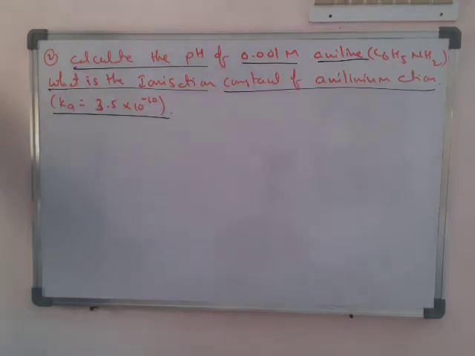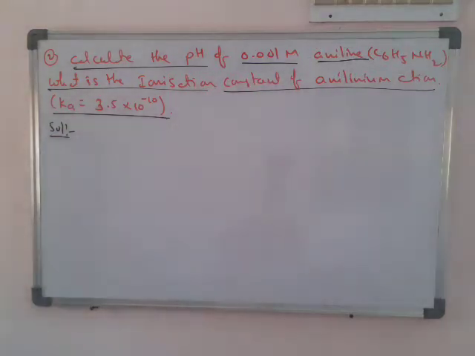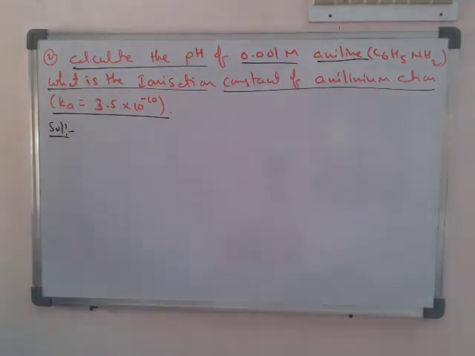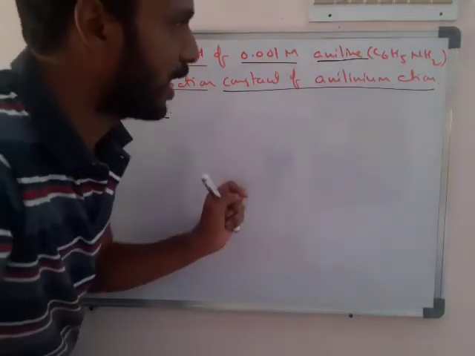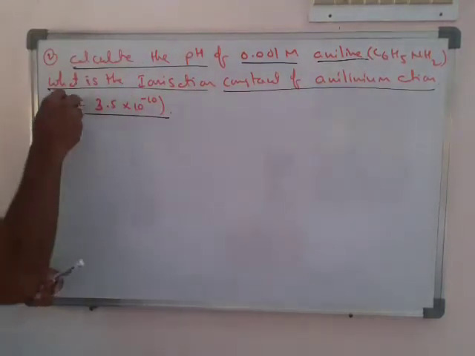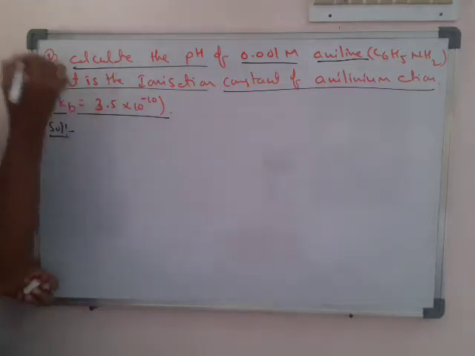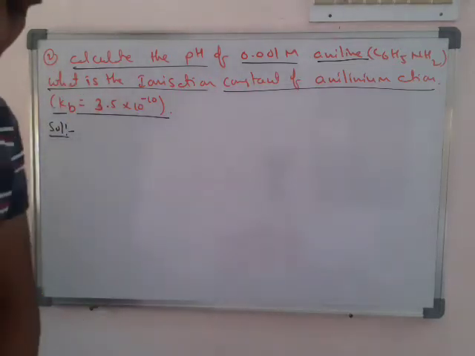Okay, so I have to find the pH of aniline. In the problem it is given as K, but it was a print mistake in the book, so it is a Kb.